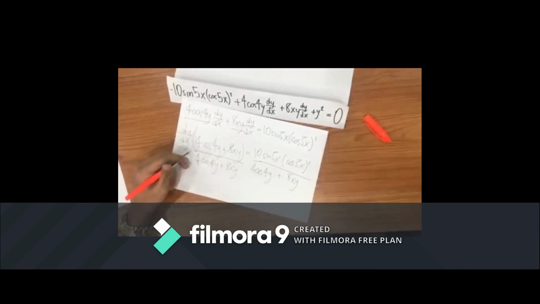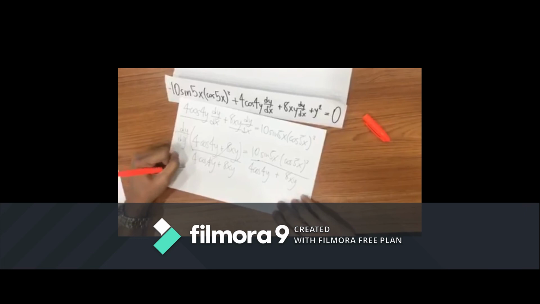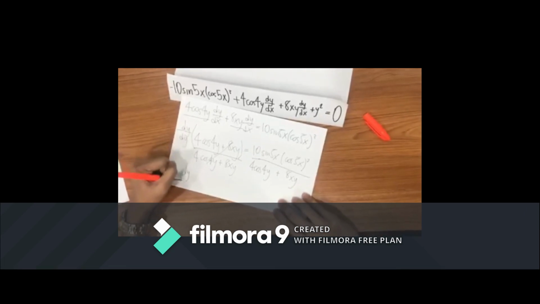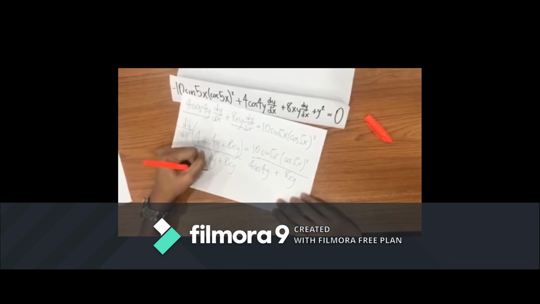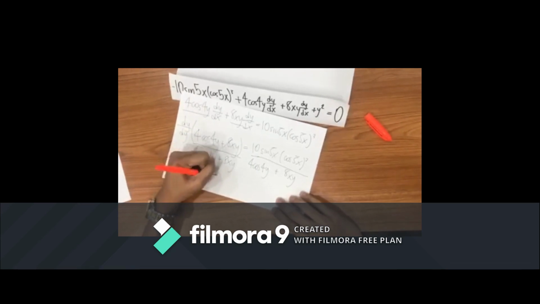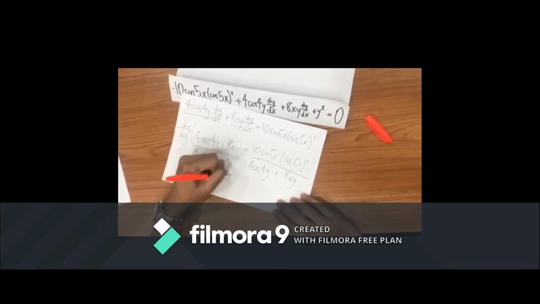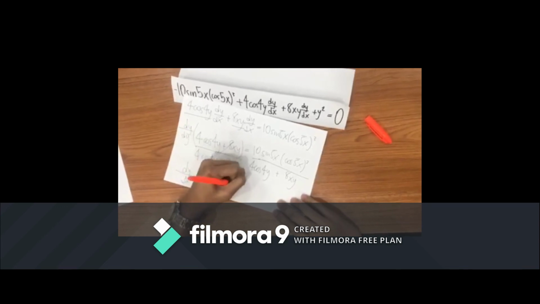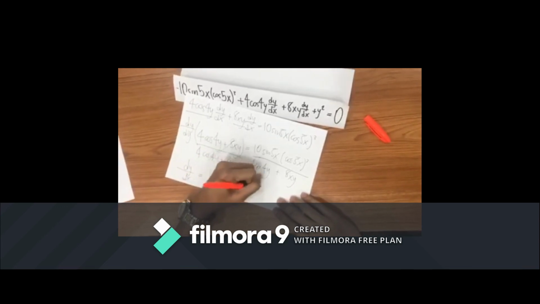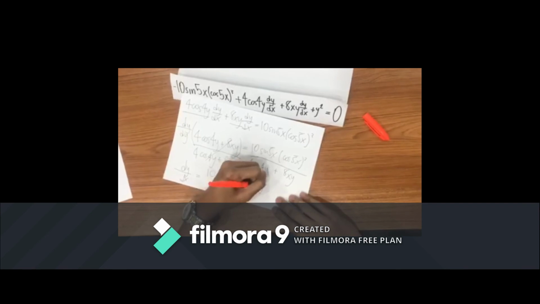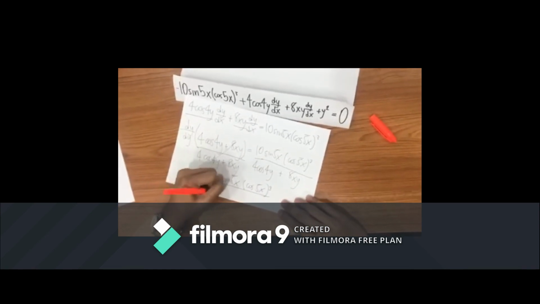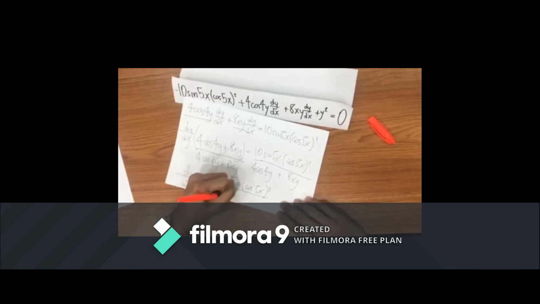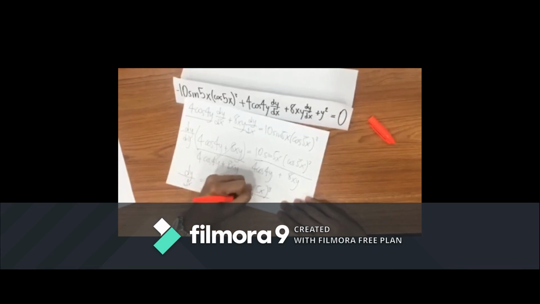So our dy over dx is equal to 10 sine 5x cosine 5x cubed, all over 4 cosine 4y plus 8x.